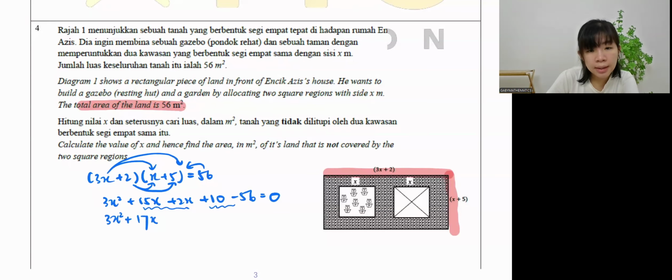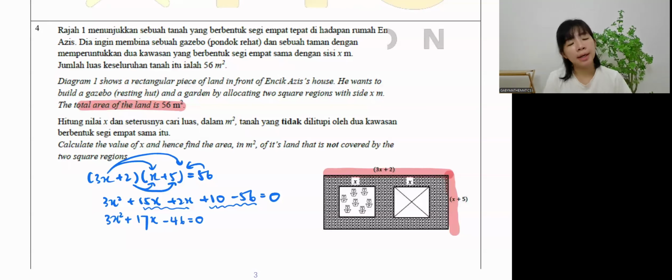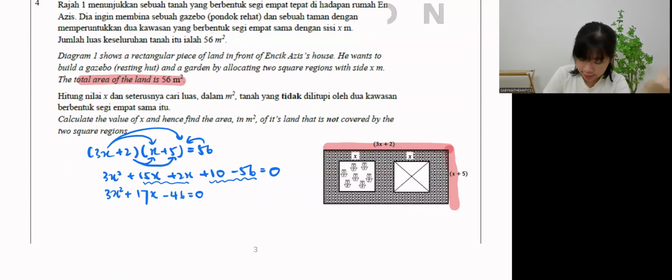Then for the number, 10 minus 56, which is -46 equals 0. This is general form. Can we simplify this? Can we make it even smaller? Cannot already. Then the next step, we open two brackets and then equal 0.